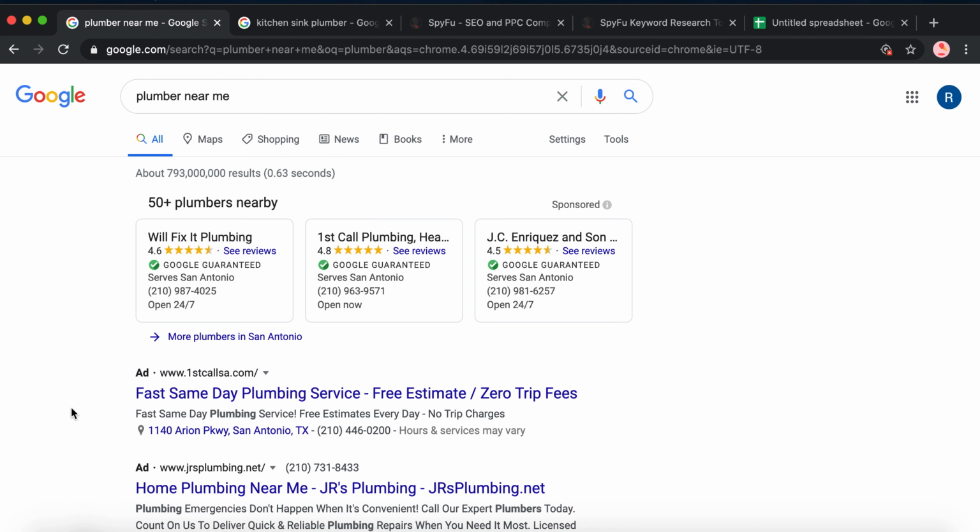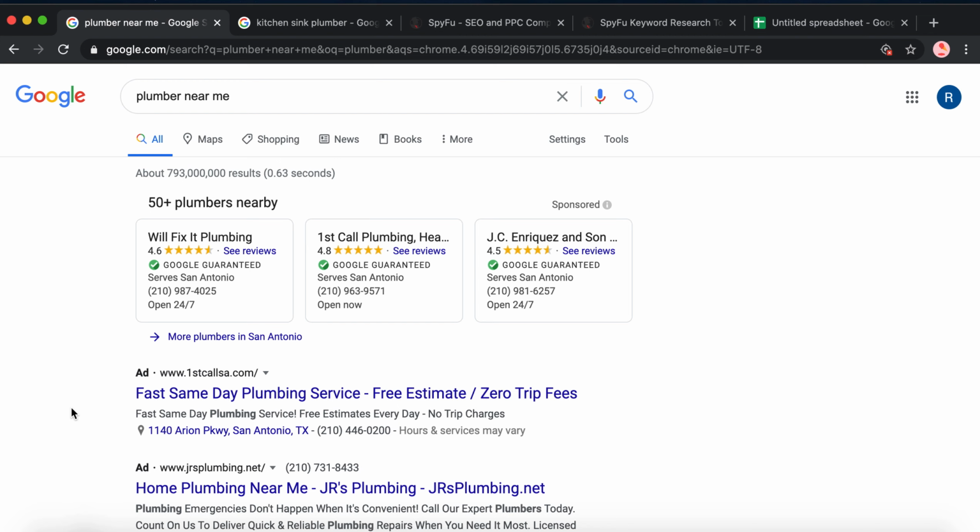If I were to see here, kitchen sink plumbers, will fix your sink same day, something like that, you would tell that they're specifically bidding on this keyword, but in this case, it's very broad. That gives you an idea of, okay, how specific can I get?